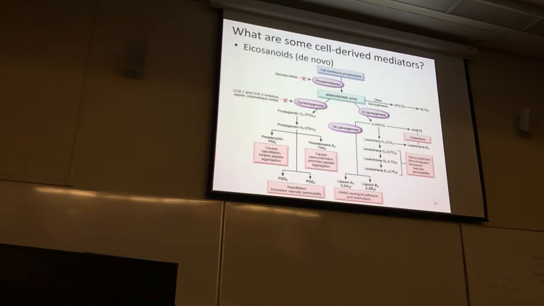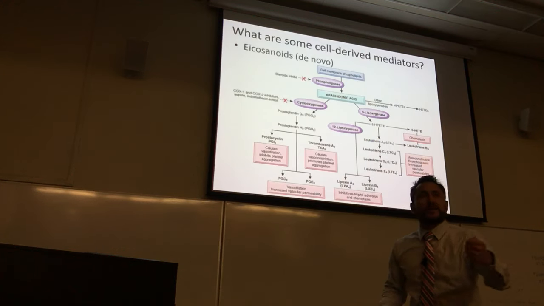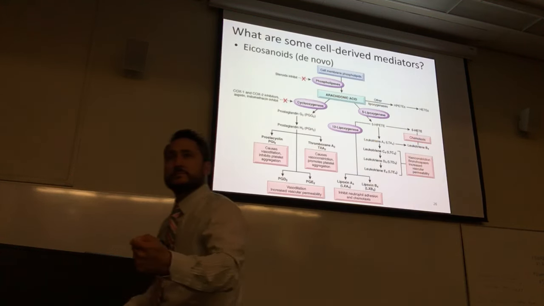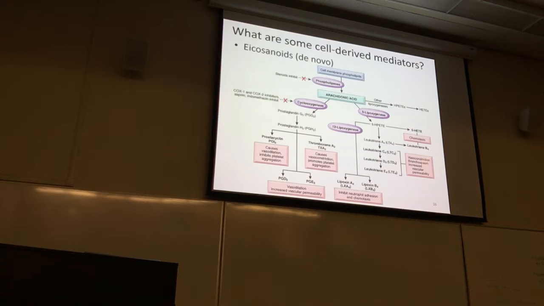Okay? So if we go to the left, arachidonic acid, using this enzyme known as cyclooxygenase, you make a family of prostaglandins. You follow this down to this pink box. Prostaglandins cause vasodilation and they increase vascular permeability. Why would that be valuable for inflammation?